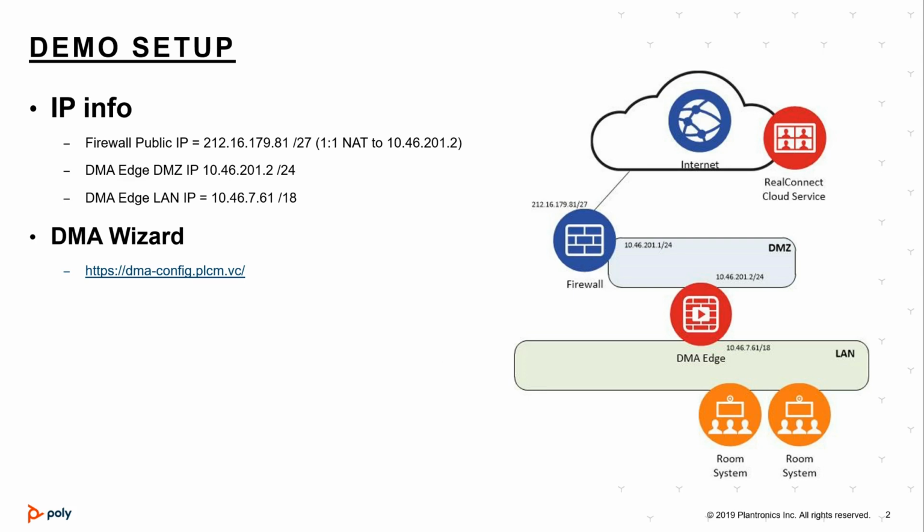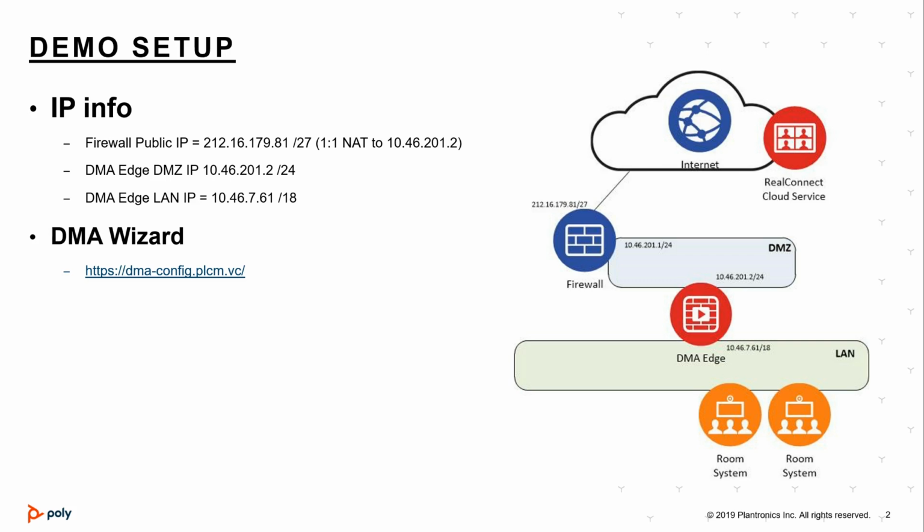So the setup that I will do is pretty much that I have a firewall that is blank configured. So I will walk you through the rules and everything you need to do there. I have a DMA Edge also installed and blank with basic installation.